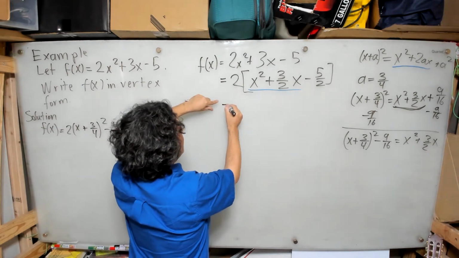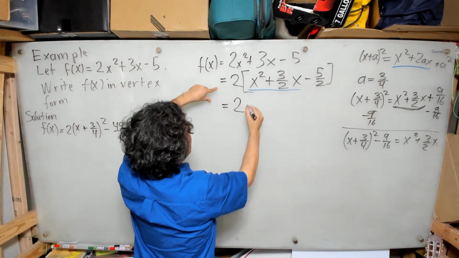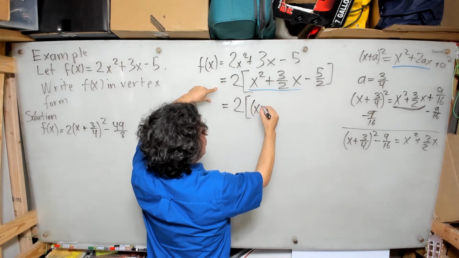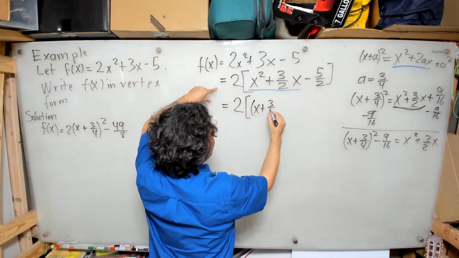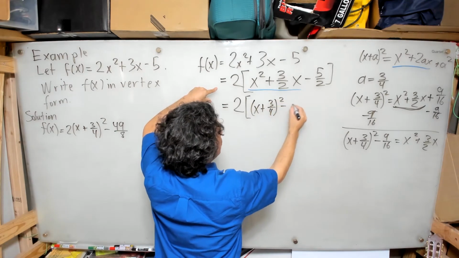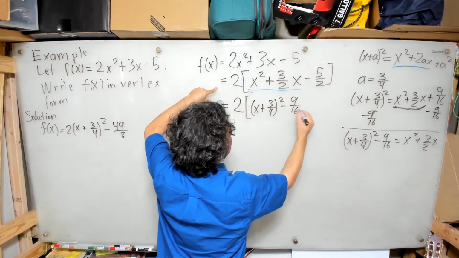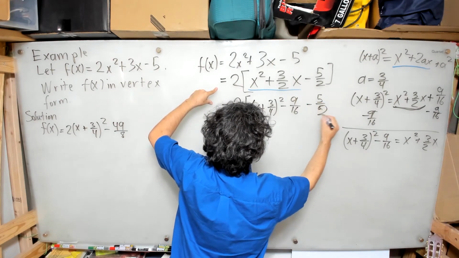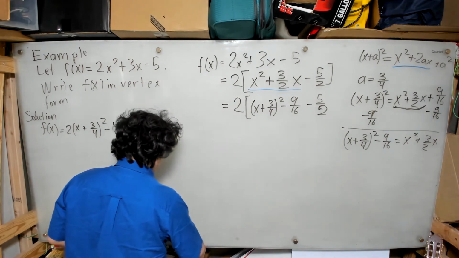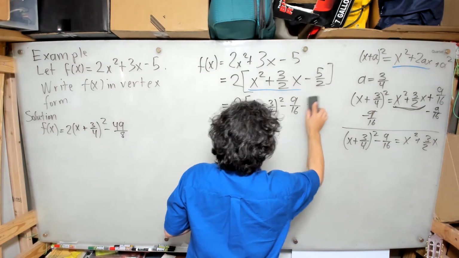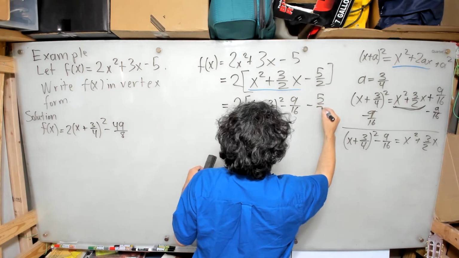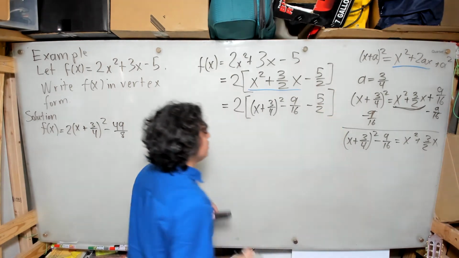So I can now rewrite this expression as 2 times x plus 3/4 squared minus 9/16 minus 5/2. Then we close our parentheses.